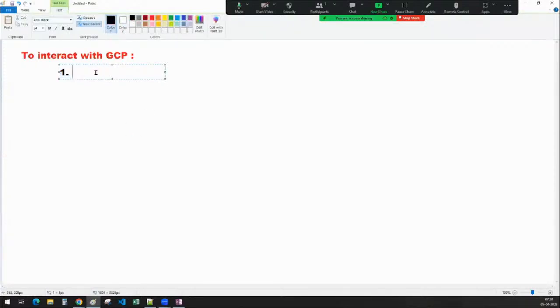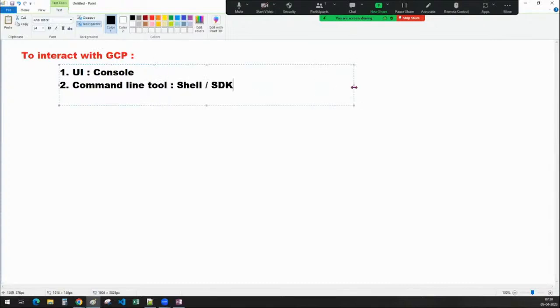One is the user interface, that is what we call the console. One more is the command line tool, that is your shell or SDK. These are the two ways that we can work with.